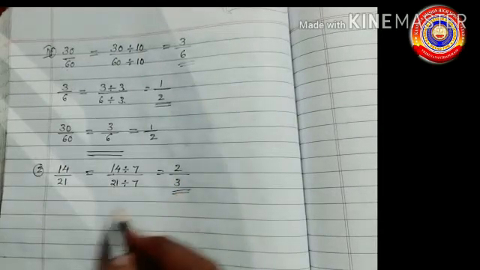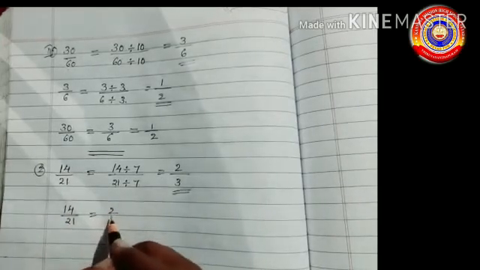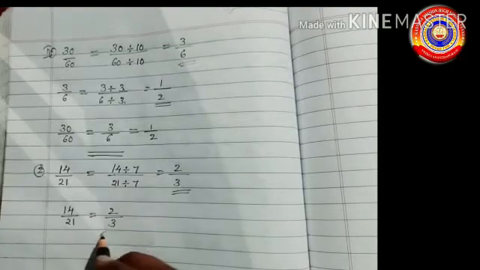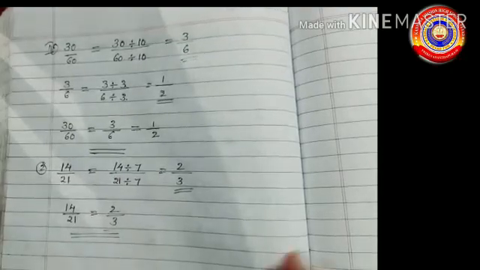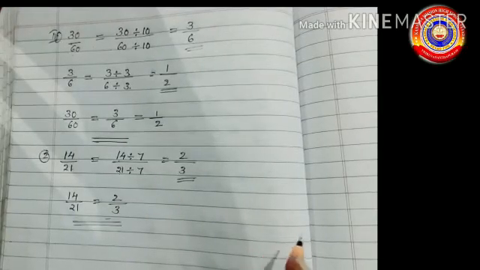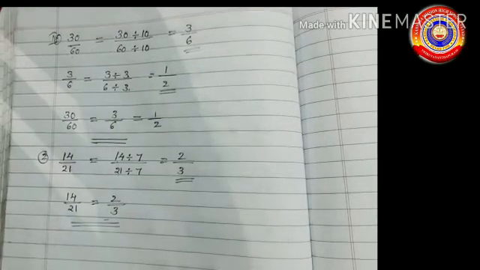Then the equivalent fraction we got is 2 by 3. Then 14 by 21 is equal to 2 by 3. 2 by 3 is the lowest form. We cannot divide the numerator and denominator of 2 by 3 by any number.